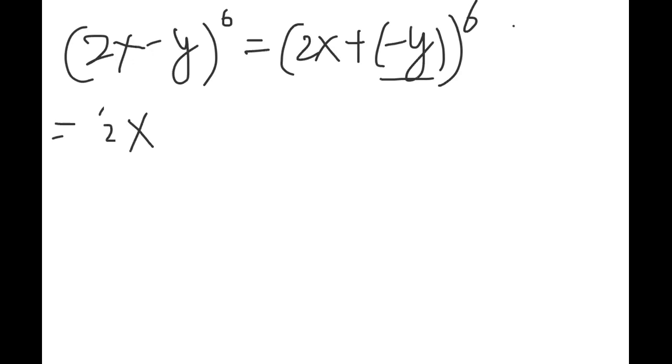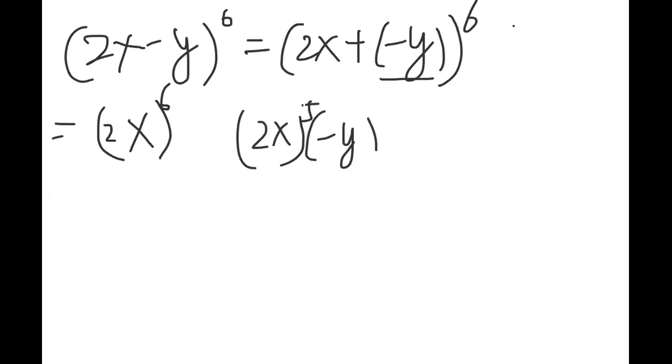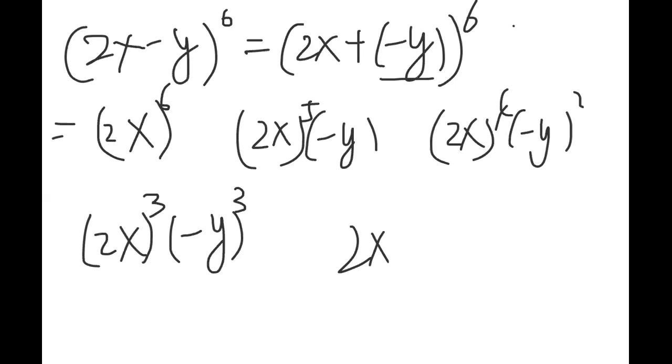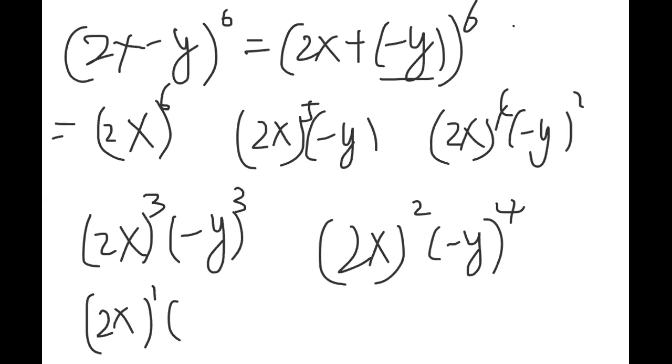So specifically, you have 2x to the 6th power, and then 2x to the 5th power times minus y, and 2x to the 4th power times minus y squared, 2x to the 3rd power times minus y to the 3rd, 2x squared times minus y to the 4th power, 2x to the 1st power times minus y to the 5th power, and finally 2x to the 0 power, which is 1, times minus y to the 6th power.